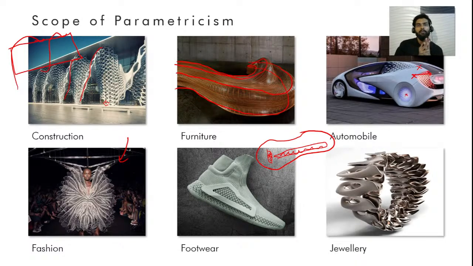But to 3D print the entire shoe sole with the same thickness, with the same material, with the same density of these wires, it would increase the weight as well as the cost of production of the shoe.